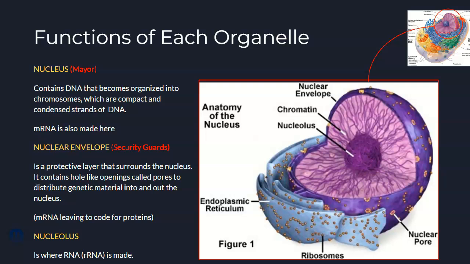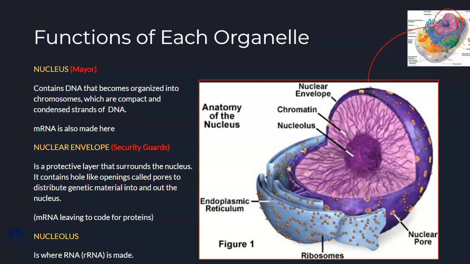Nuclear envelope, like I said, with the human brain, has a skull. The nuclear envelope protects the nucleus. So it is a protective layer and it surrounds the nucleus, but it has pores and openings, and the reason for that is so the genetic material being carried on a strand like mRNA from the coded DNA sequence is able to leave the nucleus, because that's all DNA really is, just strands of coding.